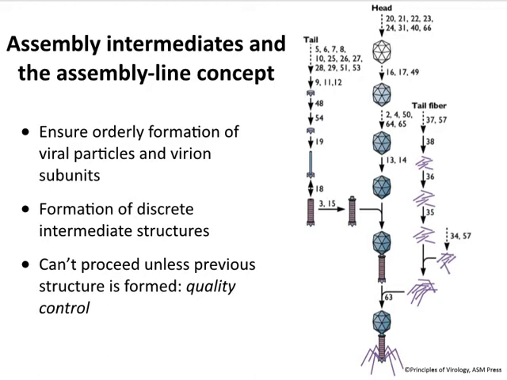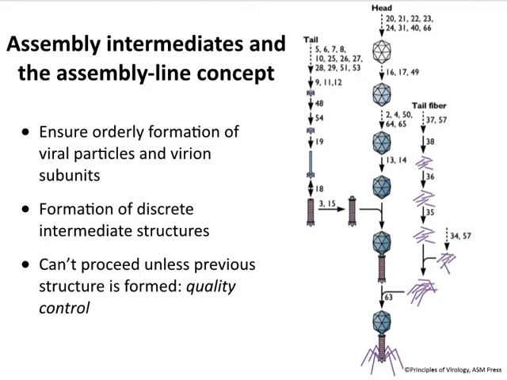You have the base plate being put together, and then this rod, and then finally it's wrapped around by a helical protein, and then that's joined to this. And then the tail fibers are also assembled separately through a number of steps, and then finally attached at the bottom. So all happening in a precise sequence. So you have orderly formation of very discrete and specific intermediates.